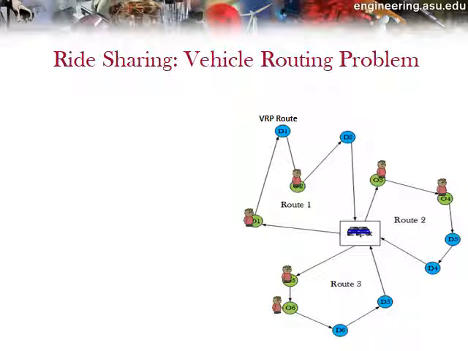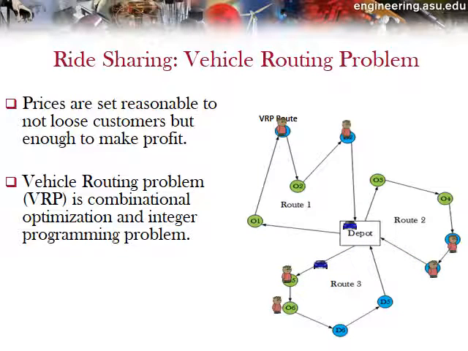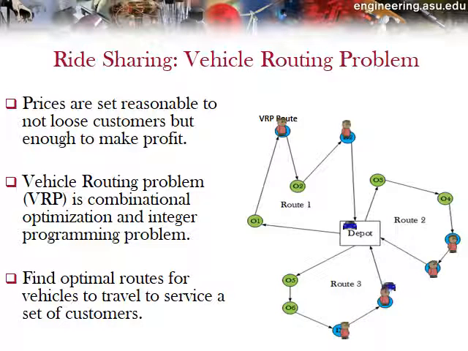As you can see with this example, here's a vehicle picking up one passenger, dropping them off, picking up another, dropping them off, going back to the depot. And prices are reasonably set. They're usually not too cheap, but not expensive.